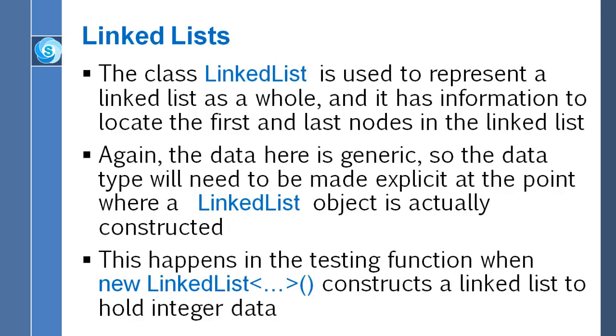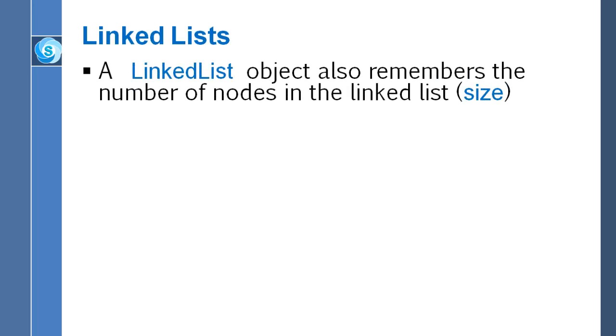So it's actually what's inside the angle brackets that is finally indicating the type of data that will be stored inside the nodes, which in this example will be integer data. Linked list object also has a variable called size, to remember how many nodes are in the linked list.